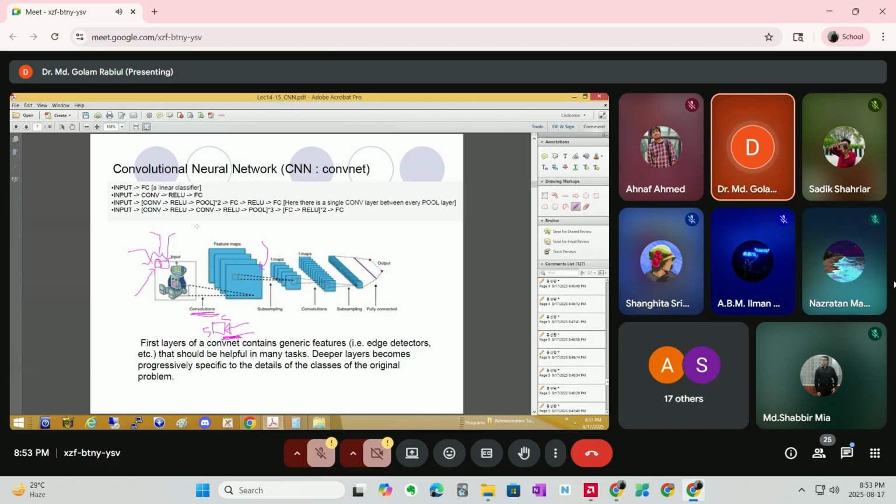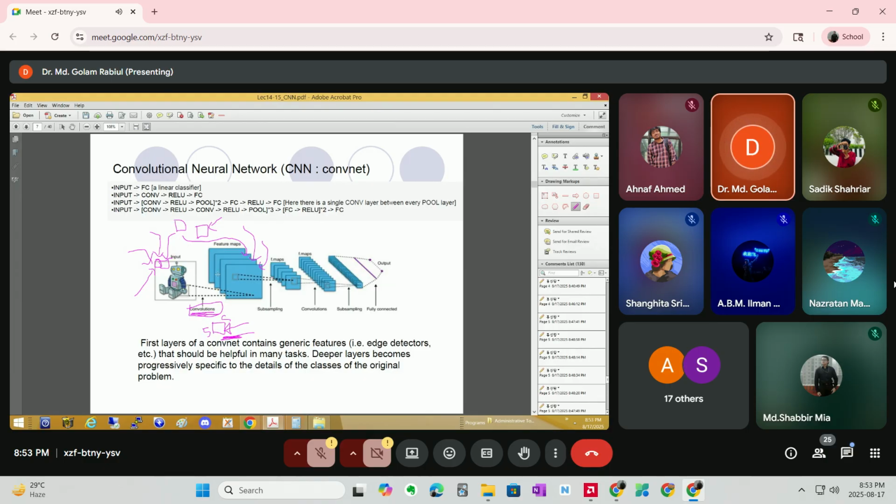Similarly, we have to try another filter. This filter is our eye detector filter, so it will create another feature map for the eye. And with another filter, maybe we can consider it our wing detector filter, it will create another feature map. Those feature maps are the output of our convolution operation.